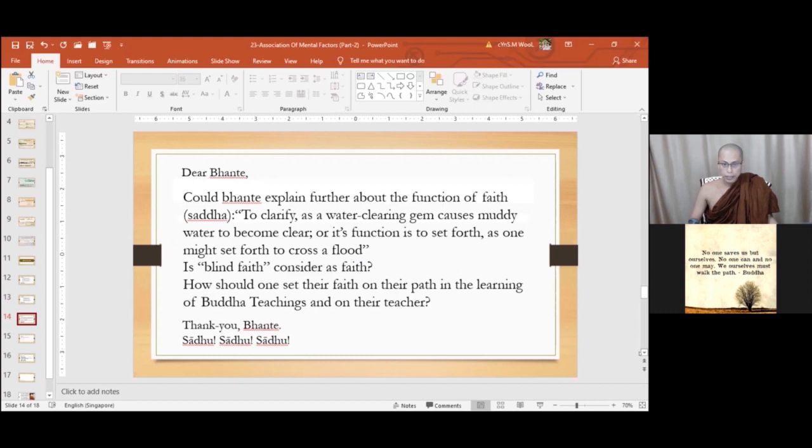So whenever faith is present, the consciousness and mental factors are affected by that function, that characteristic of the faith. Then when you know the function, we can explain that related to the triple gem.